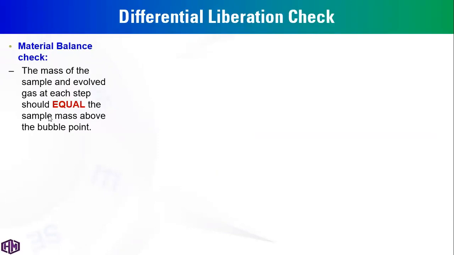For the differential liberation, the first step is to check the material balance. The concept is that the mass of the sample and the released gas, or the evolved gas, at every pressure step must equal the sample mass or the sample weight at a pressure higher than the bubble point pressure, which means a simple material balance concept.